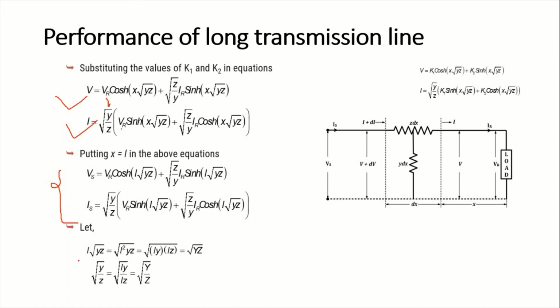Clear? Now L under root small yz: take L inside the root, so we can write L squared, applied to both y and z. So L into y is capital Y and L into z is capital Z. So we can write under root YZ with capital letters instead of small yz, and capital Y by Z instead of small y by z.